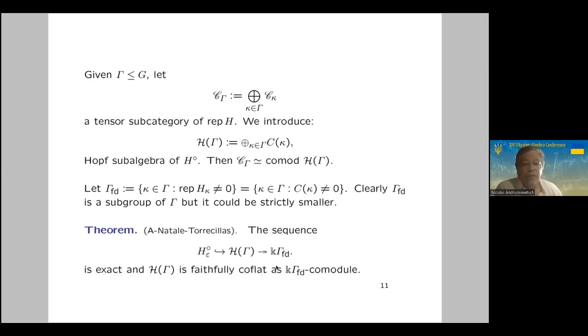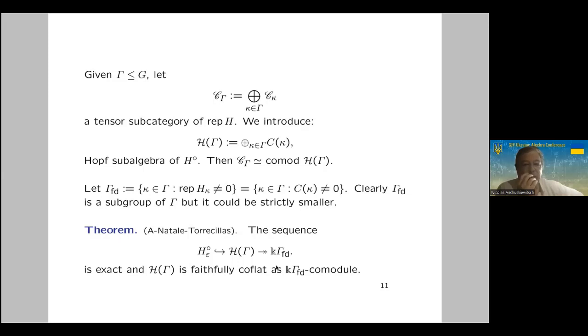And now this is the crucial point of our construction. I take any subgroup gamma of G. So G is algebraic, but I do not ask gamma to be algebraic, so it could be any subgroup. And I define a category C gamma as the direct sum of all C kappas, where kappa belongs to gamma.